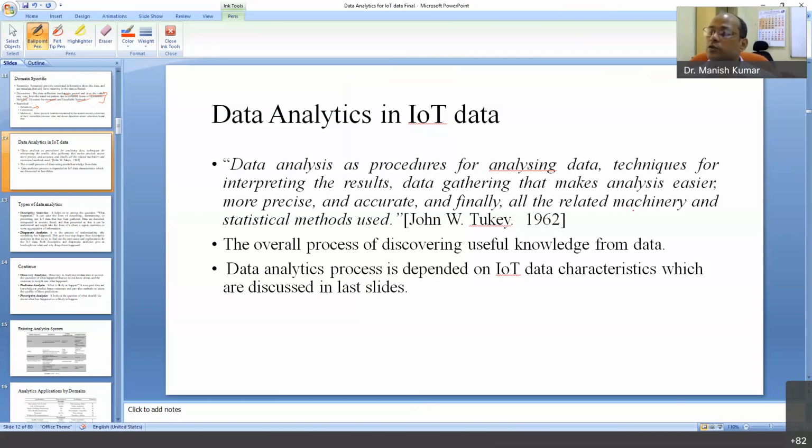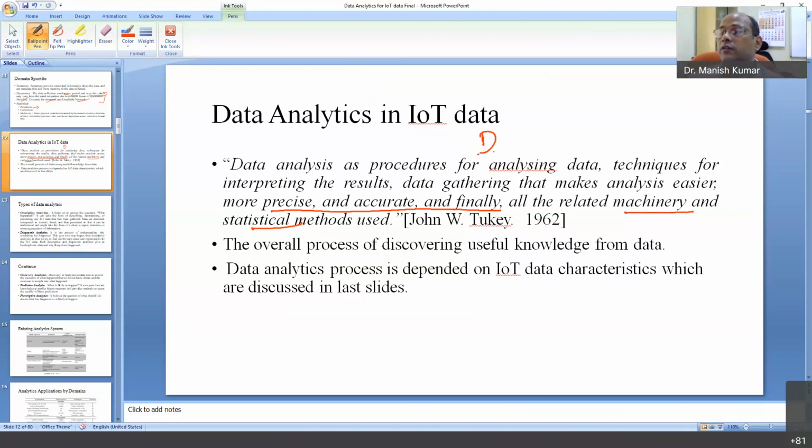That means you may use any set of algorithms, any sort of statistical methods. The result we are looking for should be accurate, it should be precise as well, and it should be easy to understand. Okay.